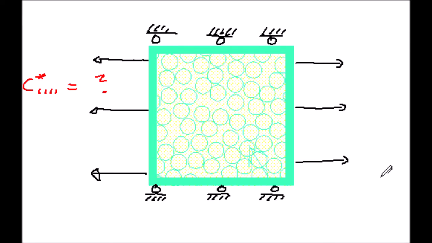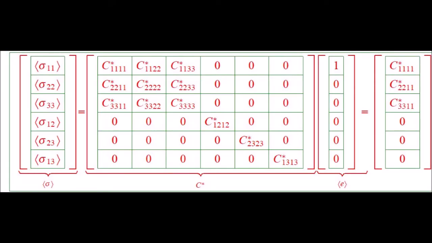Recall that we also can compute this effective parameter by computing the average normal stress in the one direction. And you easily see why.